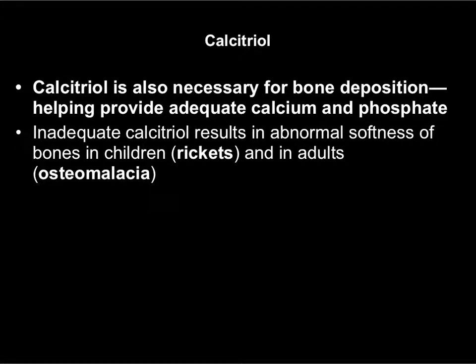Calcitriol is also necessary for bone deposition. So, as I said, without calcitriol, eventually you're just going to keep raiding your body's stores of bone calcium to replenish your blood, and that's going to weaken your bones.